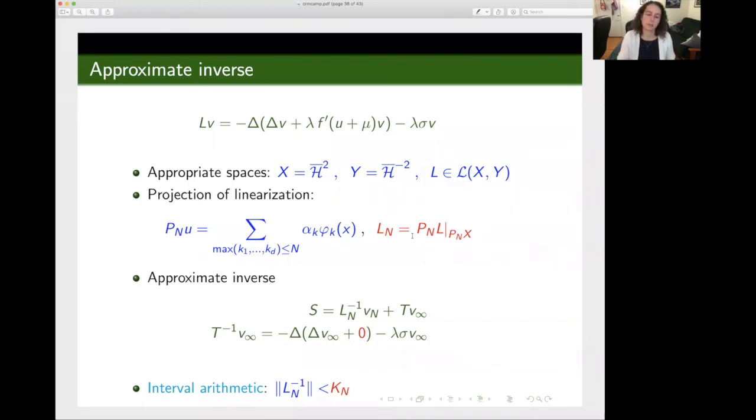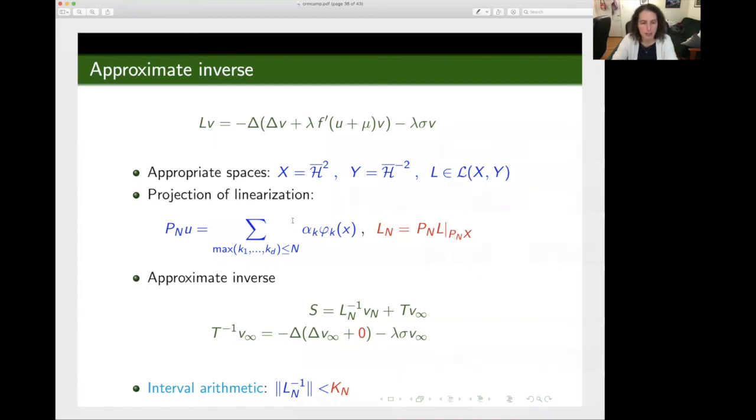And here's my, so let me just tell you about T inverse. On the space that consists of I minus Pn applied to the space X, which I'm going to refer to as V infinity here, T inverse on V infinity is going to be defined to be equal to this operator.